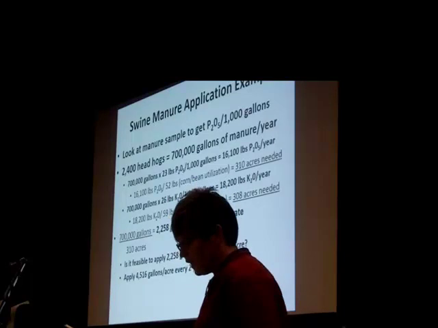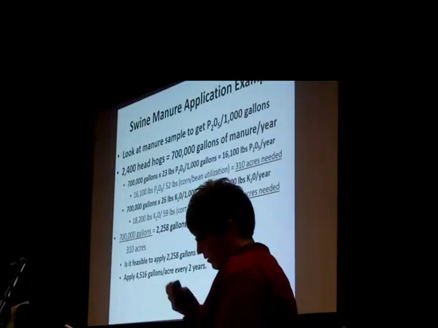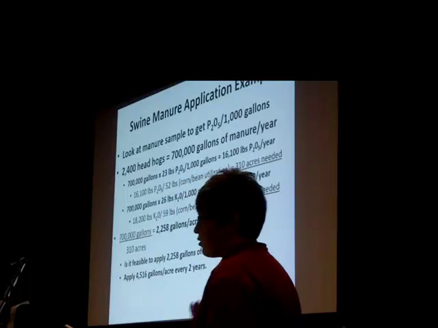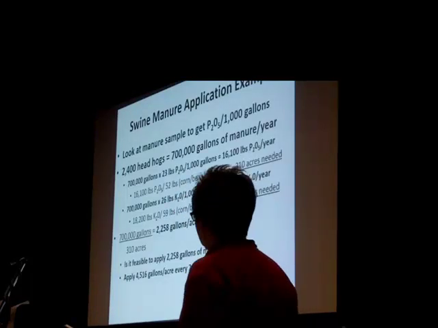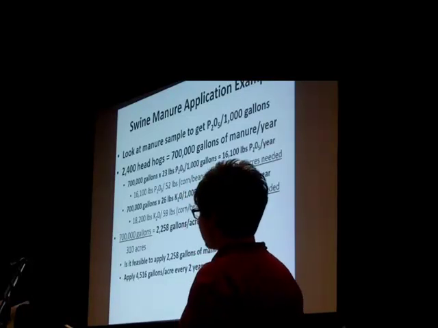So we're looking at the manure sample to get the pounds of phosphate per 1,000 gallons of manure. So a typical 2,400 head hog building, they vary in their production based on their watering system and the management in the barns, but let's just say it produces 700,000 gallons a year.